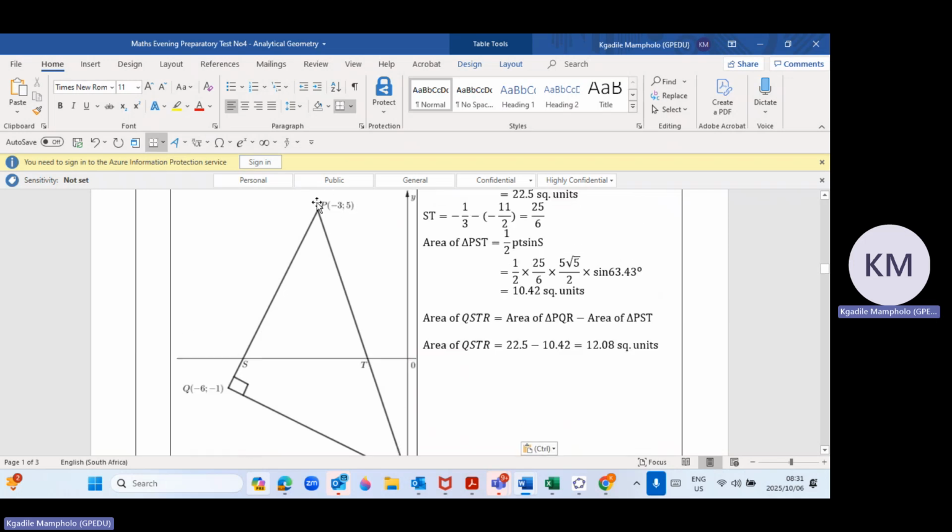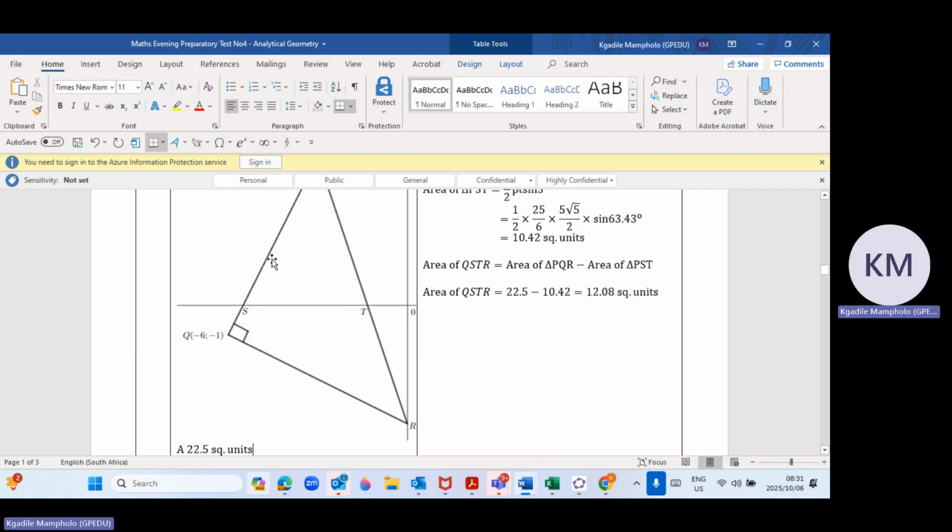And for the bigger triangle, we can use half base times height. Since we don't have a formula to calculate QSTR, we'll calculate the area of the whole triangle and the area of this one using the area rule. Then the area of the bigger triangle minus the area of the top one will be QSTR, because it's an irregular polygon.